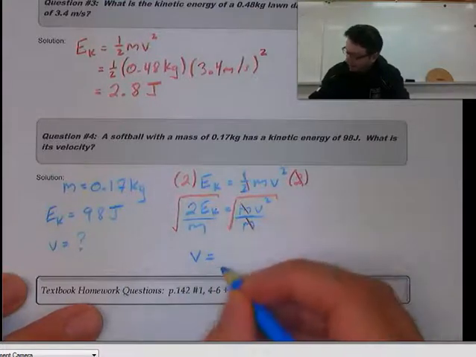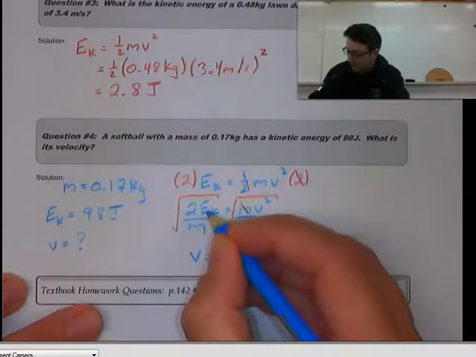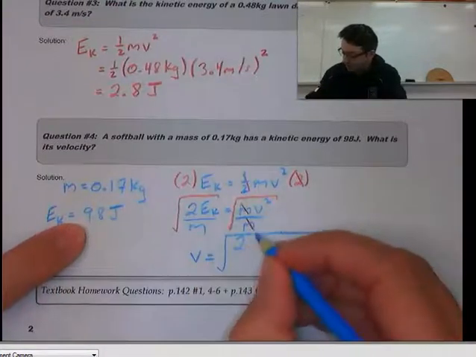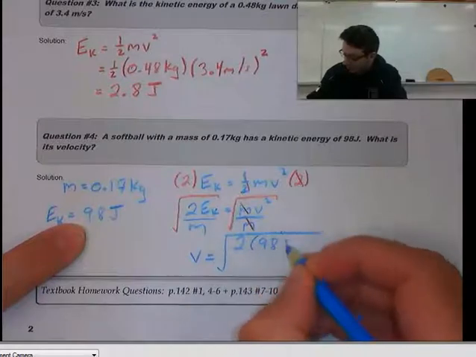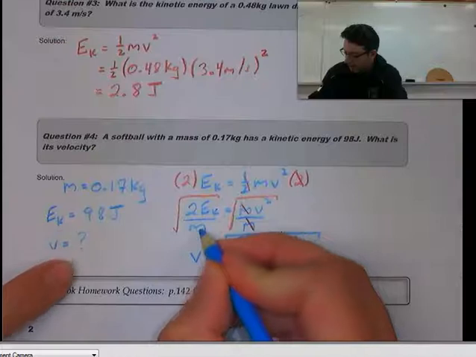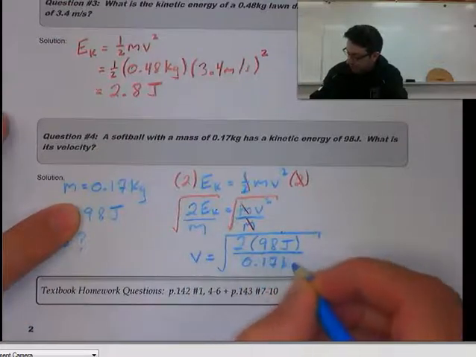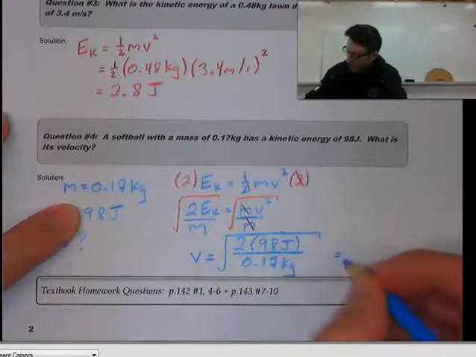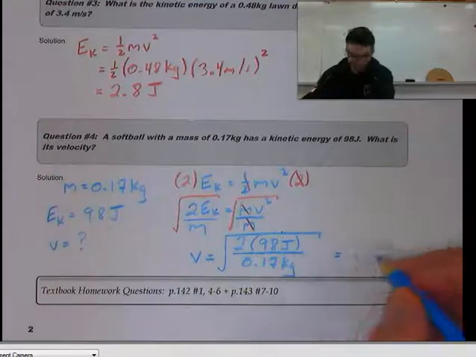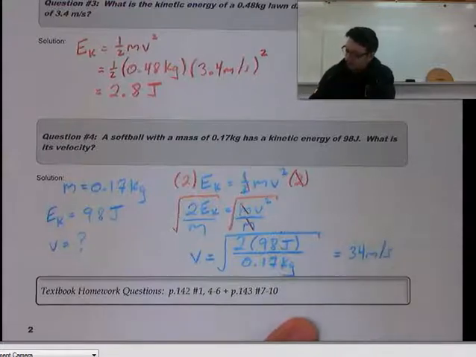And we're left with the square root of 2 times EK, which is 98 joules, divided by mass, which is 0.17 kilograms. Plug that into our calculator, and we'll get our velocity to be 34 meters per second.